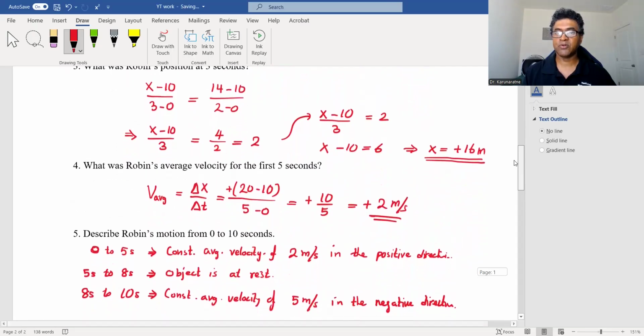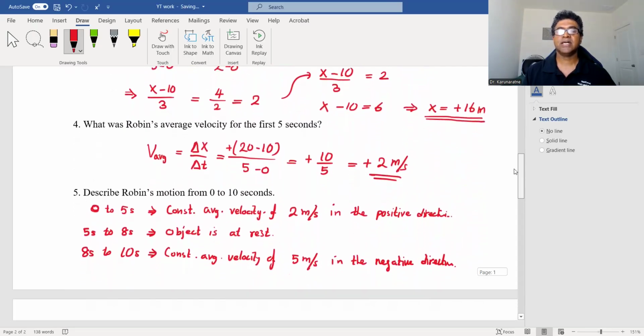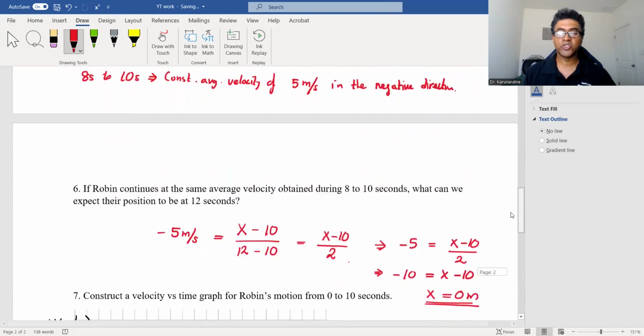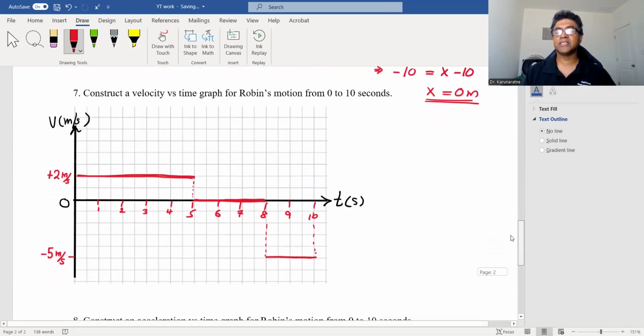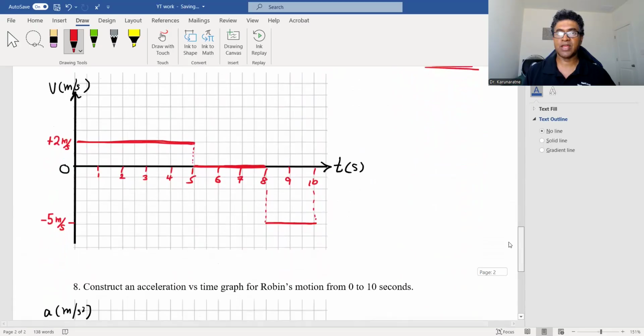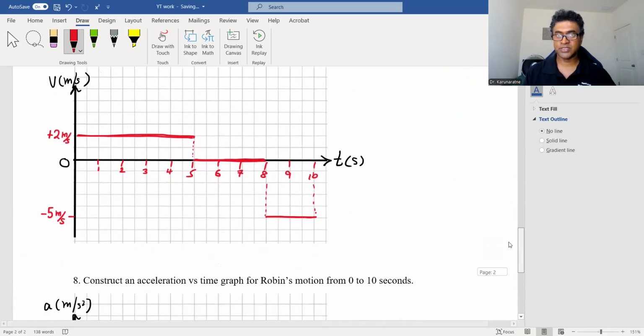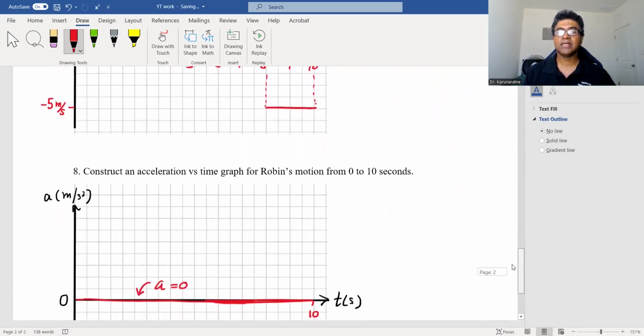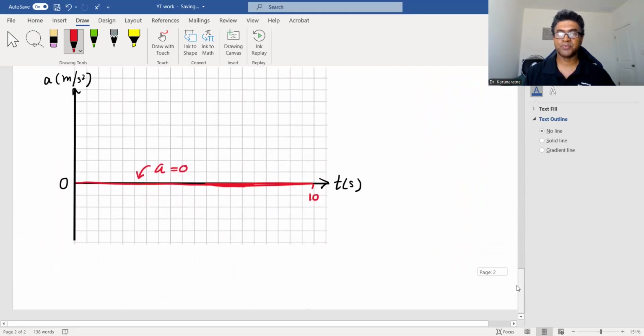We were able to figure out the average velocities. Then we described the entire motion. And then we constructed velocity versus time graphs, and then acceleration versus time graph. So that's how you do this problem.